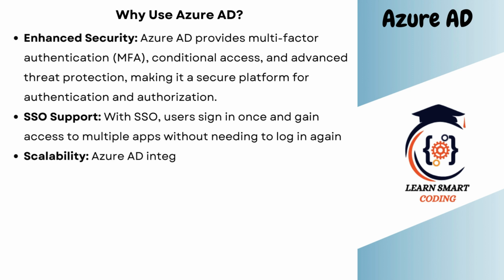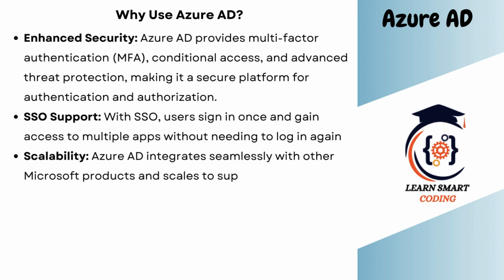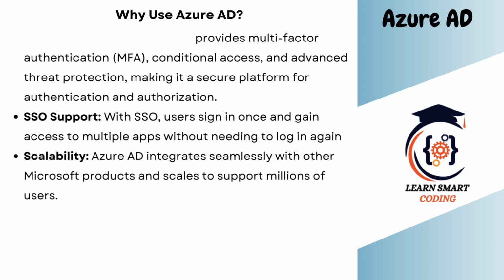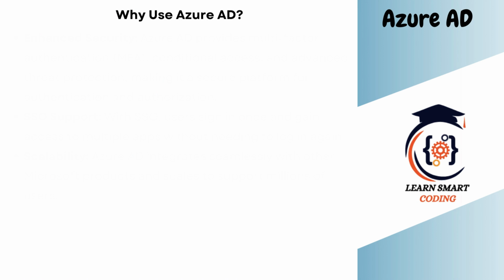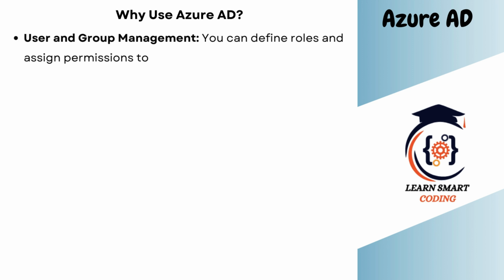With SSO, users sign in once and gain access to multiple apps without needing to log in again and again. It has a scalability feature. Azure AD integrates seamlessly with other Microsoft products and scales to support millions of users. Users and group management. You can define roles and assign permission to users and groups, improving the access control.